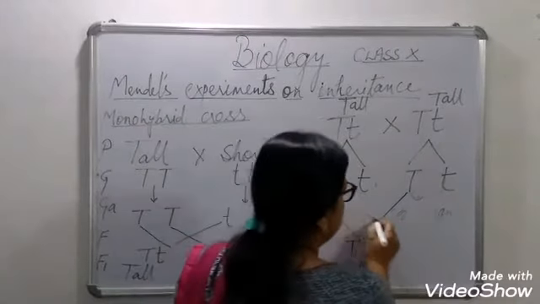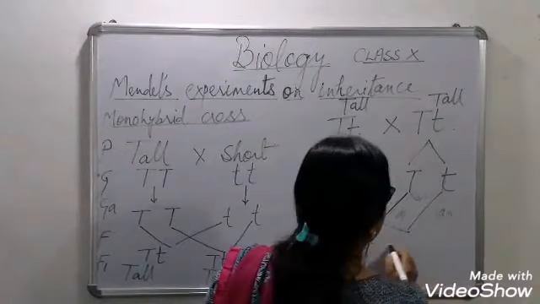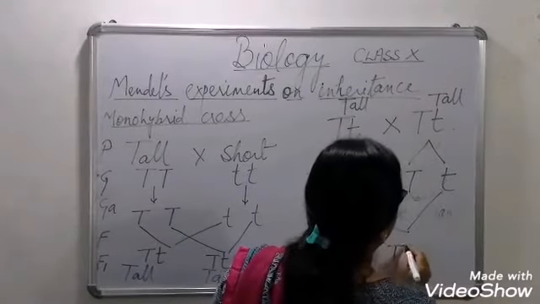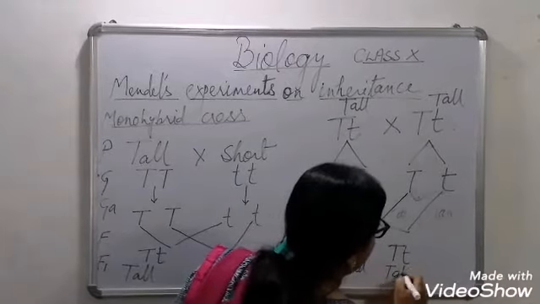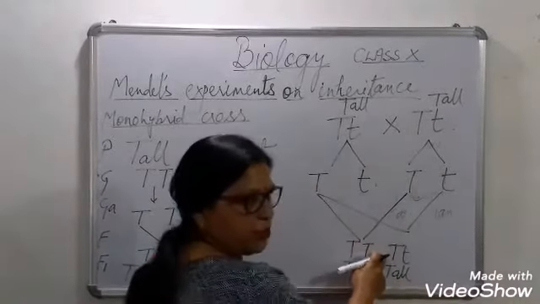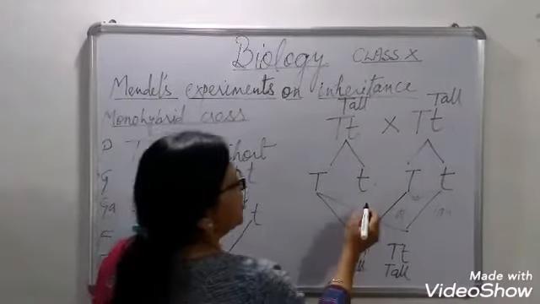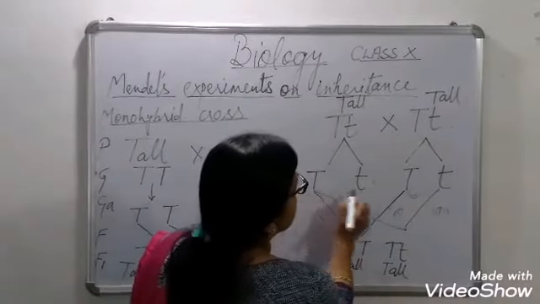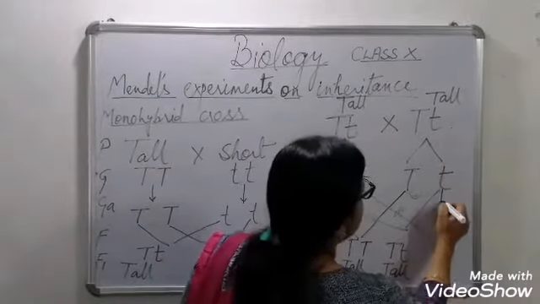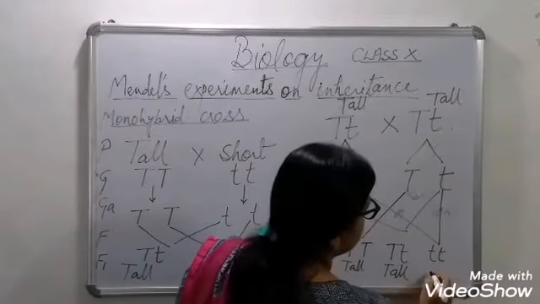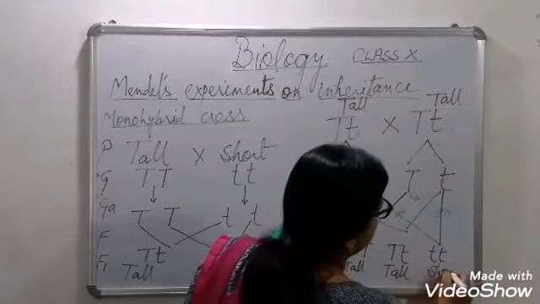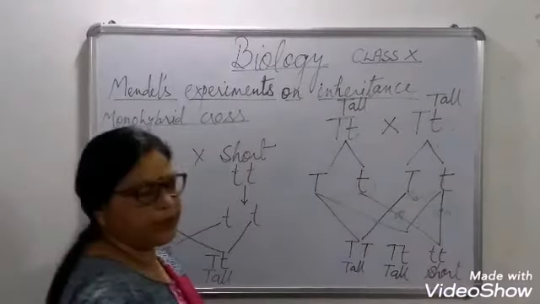Now this capital T with another t will be forming capital T and small t. So this is also tall because one capital T is sufficient to express itself. This small t with a small t will be forming tt. This is short because both are small letters.